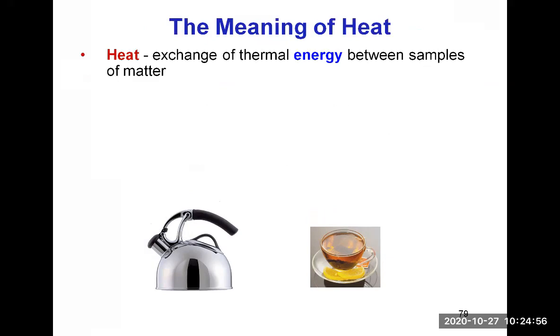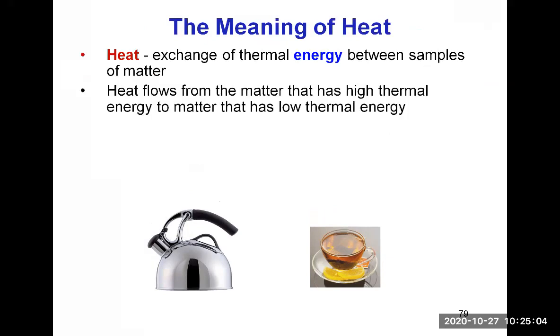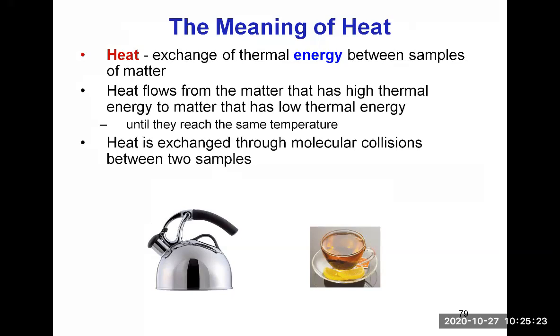Heat, on the other hand, is the exchange of thermal energy between samples of matter. So it's when energy is transferred. Because heat will flow from the matter that has high thermal energy to matter that has a low thermal energy. So always from high thermal energy to low thermal energy, until both samples reach the same temperature.